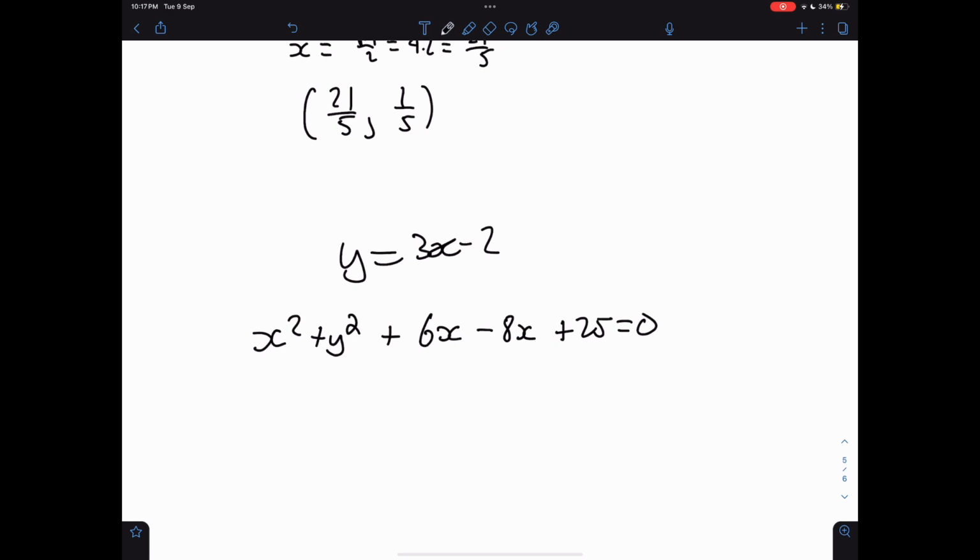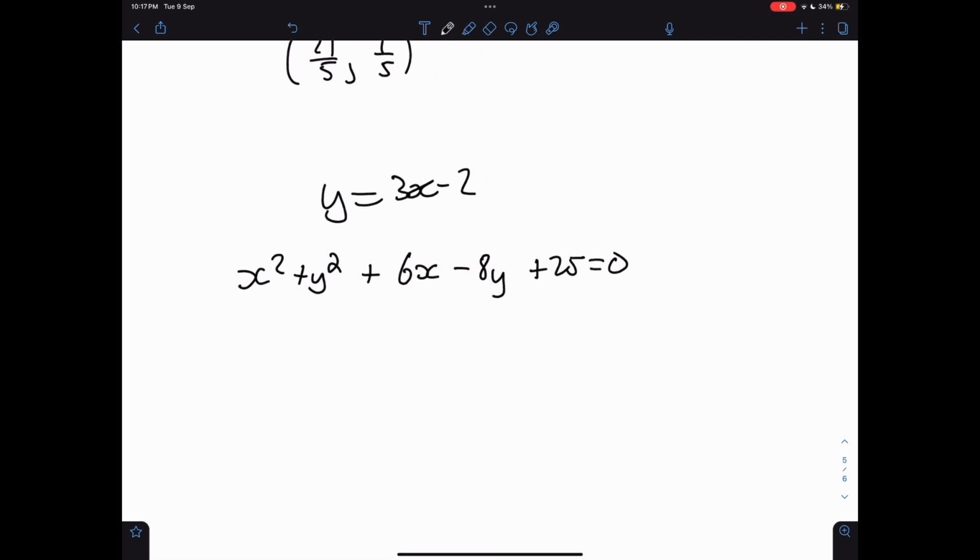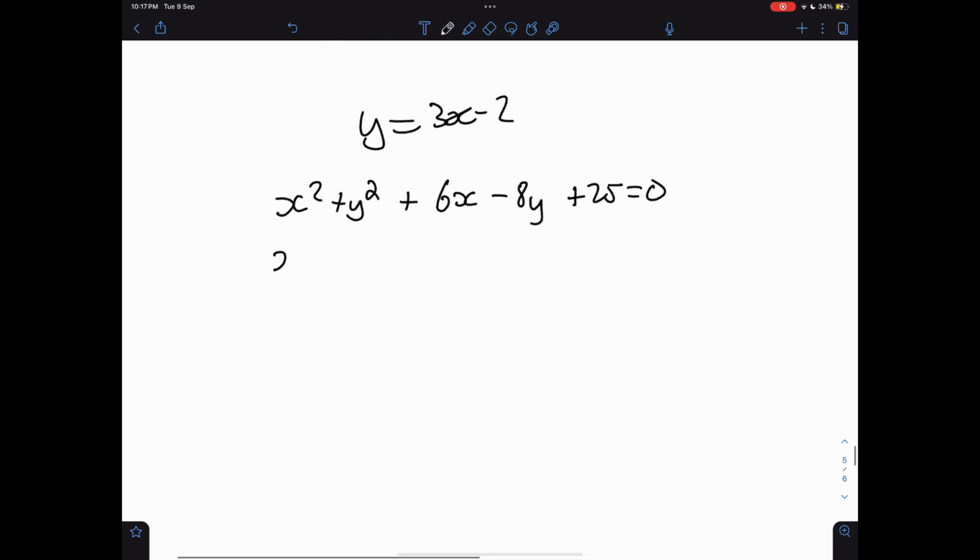Sorry, minus 8y. You can't eliminate that because you'd have to square things and then you get worried about fake solutions or ignored solutions. So what we are going to do is a substitution. We know y, so we can just replace every y with 3x minus 2.